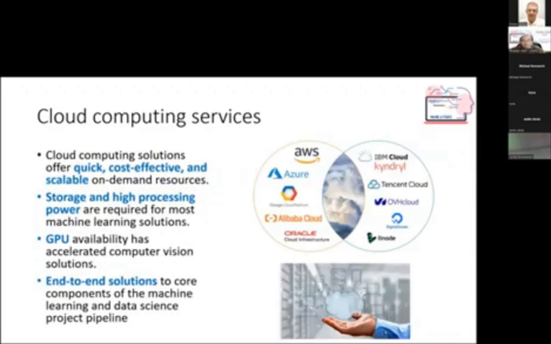Cloud computing platforms, including Amazon Web Services and Google Cloud, support components of the machine learning and data science project pipeline, including data aggregation, model implementation, deployment, and monitoring. For computer vision developers designing vision systems, it is important to be aware of these major cloud service providers' strengths and how they can be configured to meet specific and complex pipeline needs.